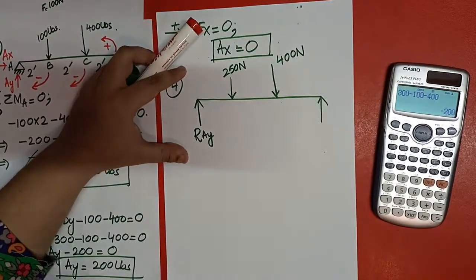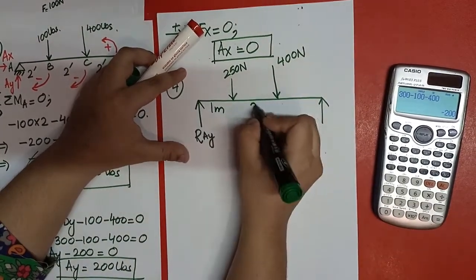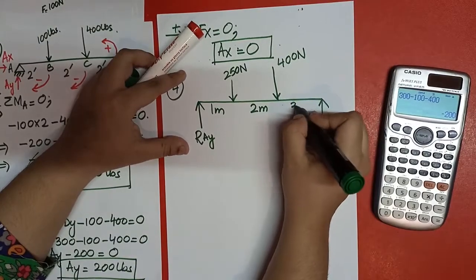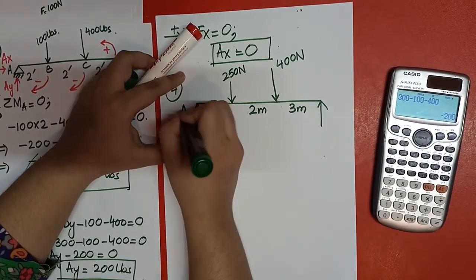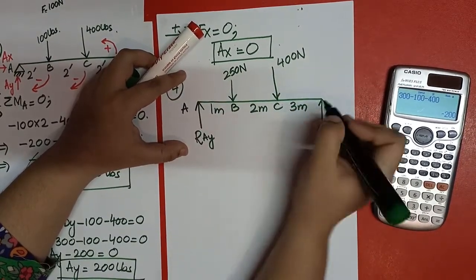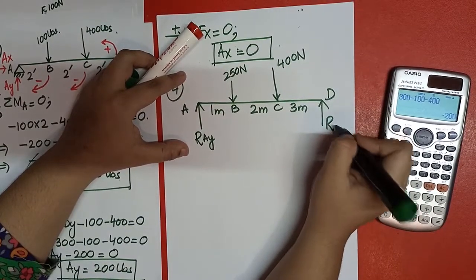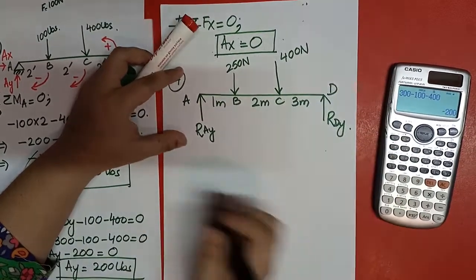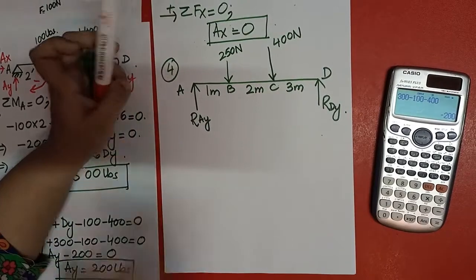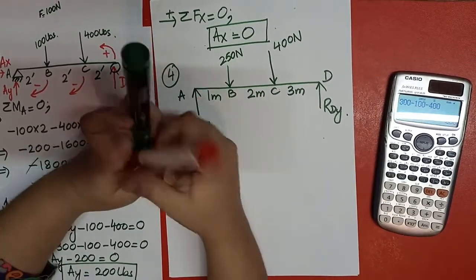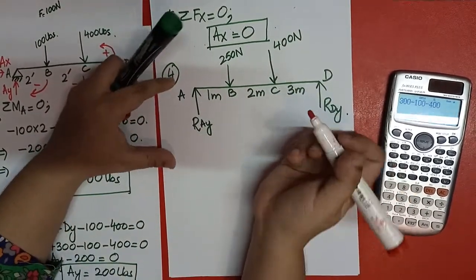It is 1 meter, 2 meter, and 3 meter, and I am writing here A, B, C and D. This is RDY. So I have to determine the support reactions of the given simply supported beam.